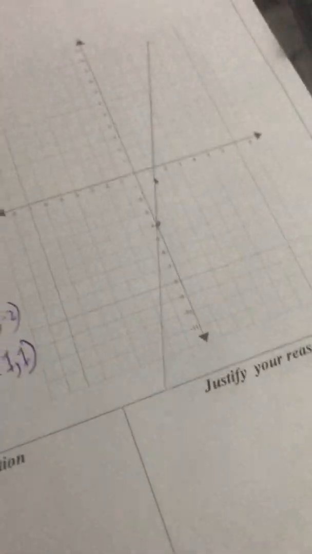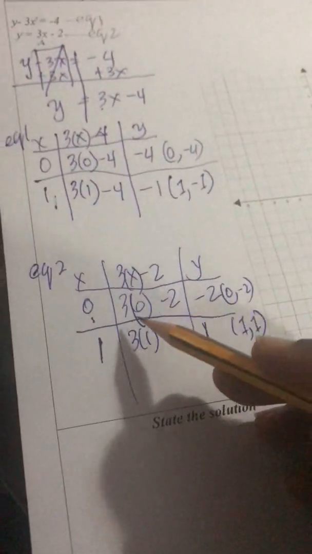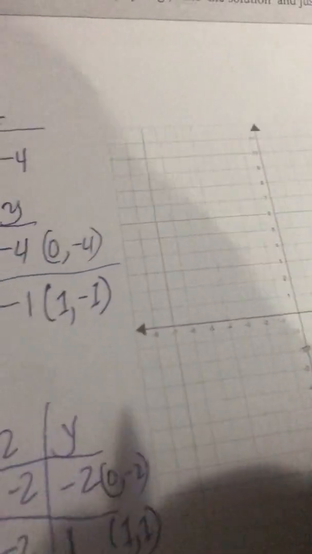Then I draw the other one, (0, -2) and (1, 1). Okay? And as you can see, these lines are parallel. They will never meet. Okay?